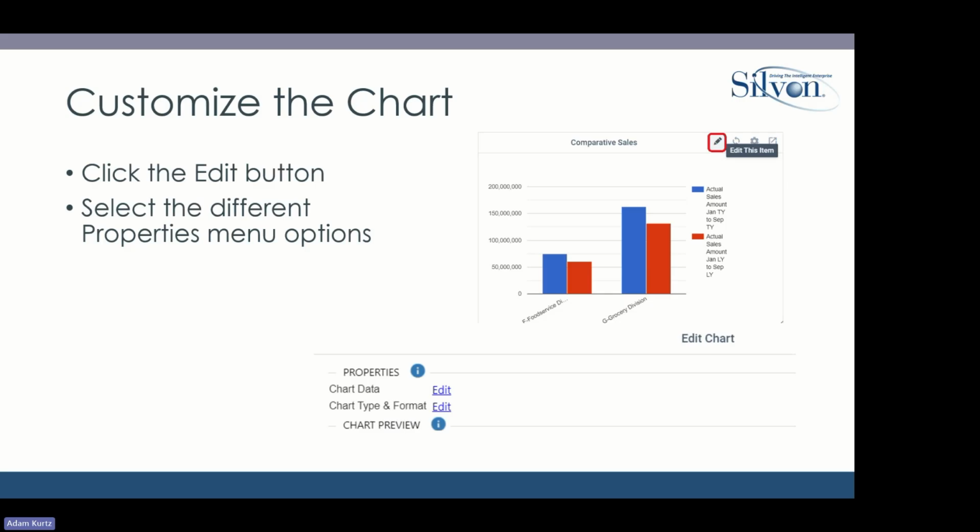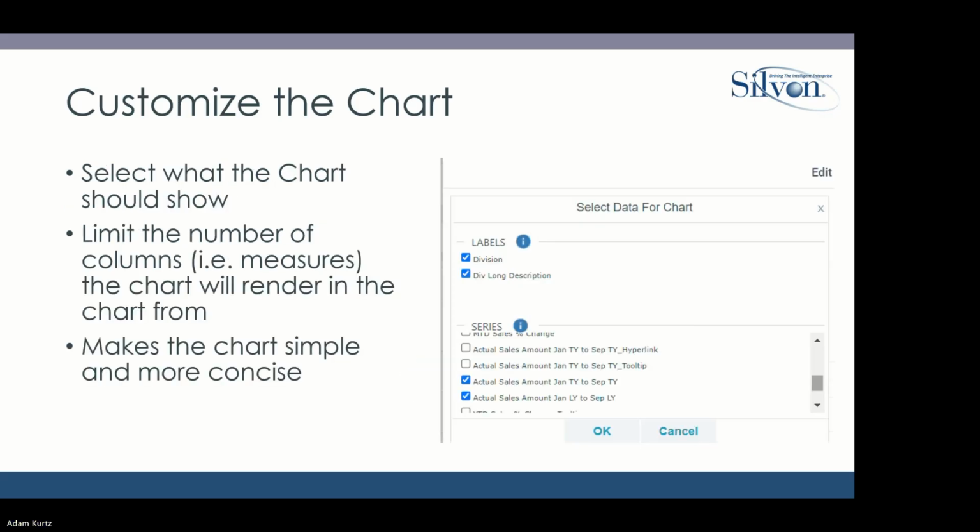Another thing that's available is changing the chart data. So if you notice down on the bottom, there are going to be some menu options once you get into edit mode to change that chart type, and then also to narrow down the data that you want to chart within that view. Maybe the view has other columns that you want to ignore. So you'll be able to do some of that within this particular menu.